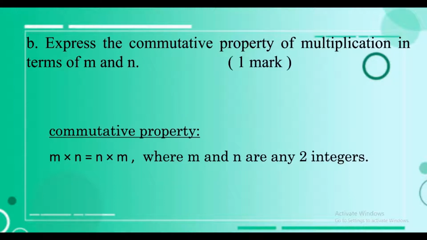The same thing we have to write in terms of m and n. Here we are considering the variables m and n as any two integers, and we can write the commutative property as m into n is equal to n into m, which means that when you change its order, the answer is not going to change.